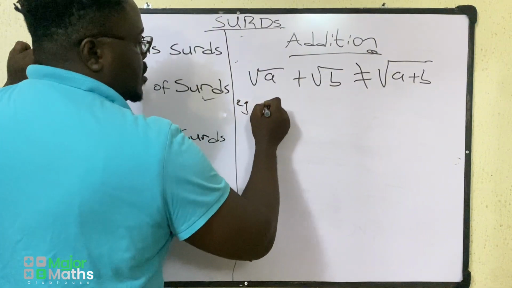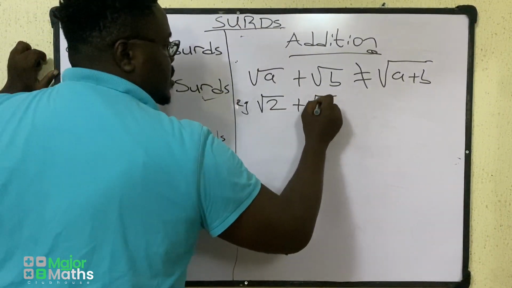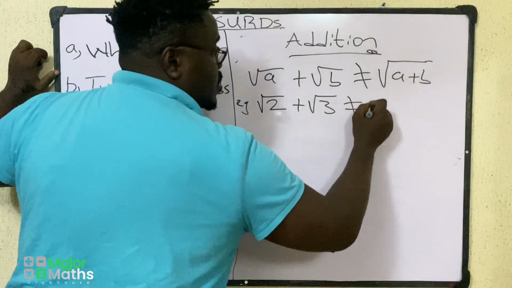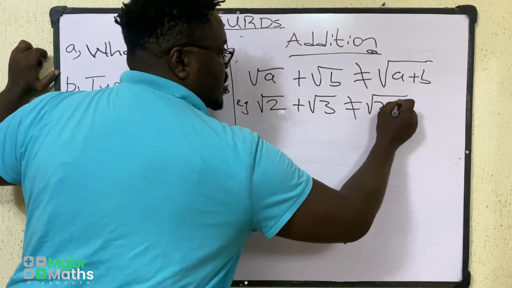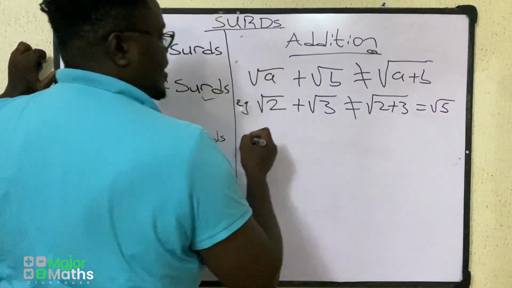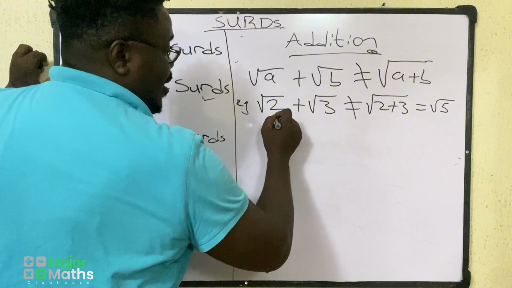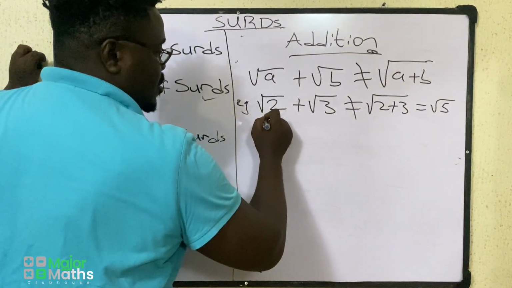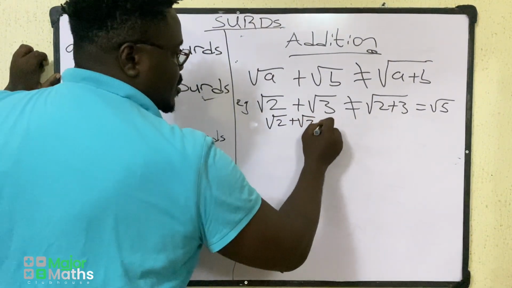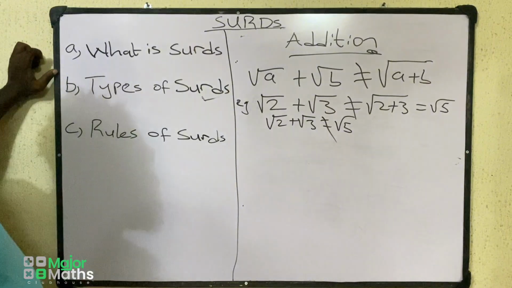You can't say root 2 plus root 3 is equal to root 2 plus 3, which is root 5. No. In other words, you can't say root 2 plus root 3 is equal to root 5.